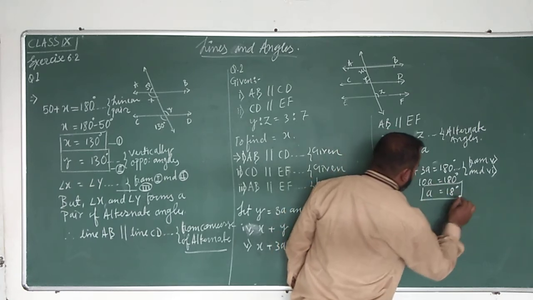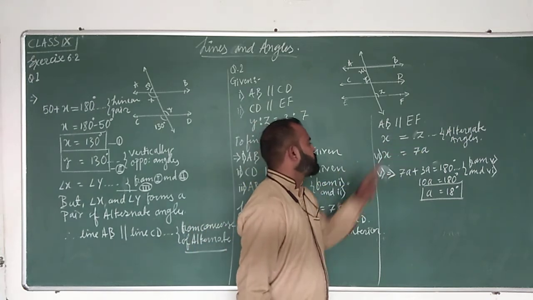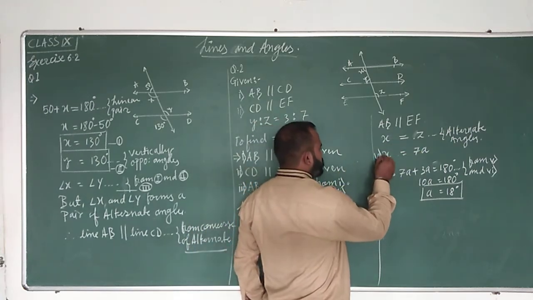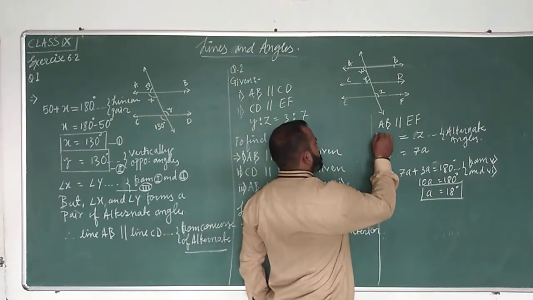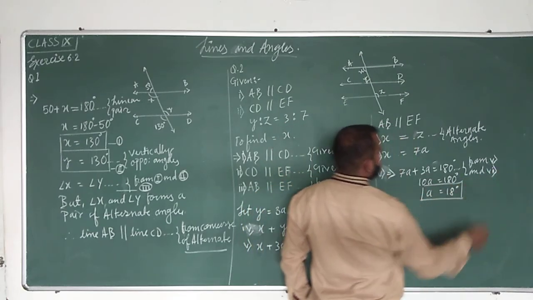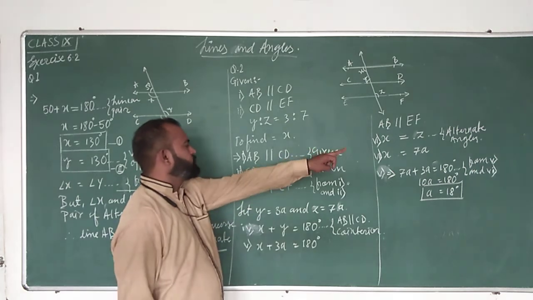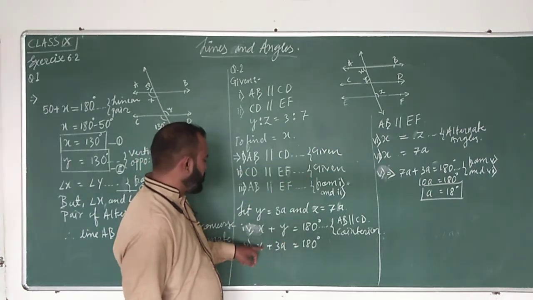What is the value of a? 18. So you know x and z are equal. Give this equation 6, and here we write 7. Now see here, you know x is equal to z, and we can find out easily the value of z.